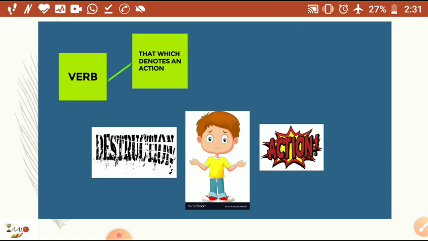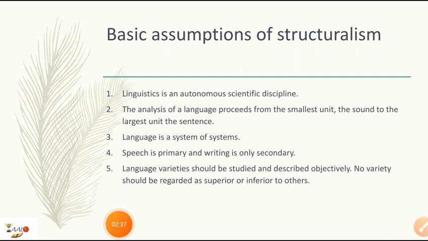When defining grammatical categories, the basic assumption of structuralism may be summed up as follows. Linguistics is an autonomous scientific discipline. The linguist's data, or corpus as we say, is a limited stock of utterances made by the native speakers, and he should analyze it to identify the linguistic units.